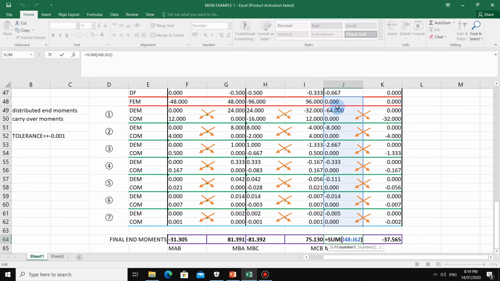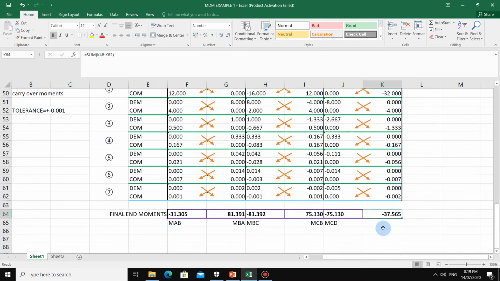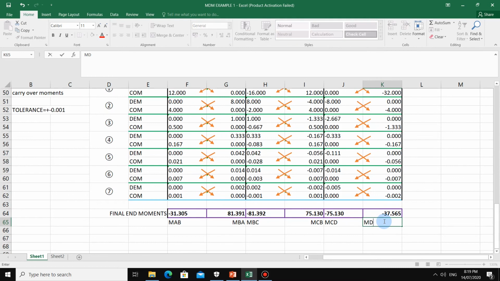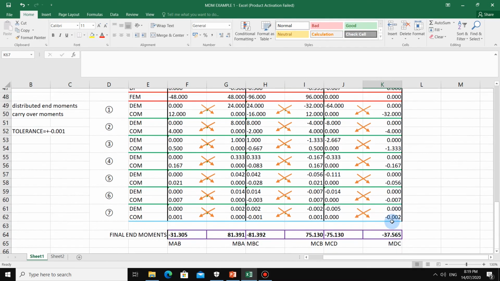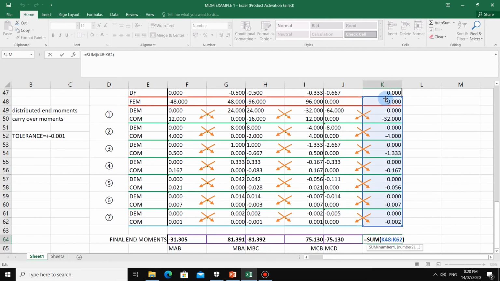So again, it is correct, guys, right? They are the same value but different in sign. Do not mind the 0.001 because that is our tolerance, so it's fine. Then lastly, for MDC, just add everything again, the fixed end moments up to the last. So what we got is negative 37.565.